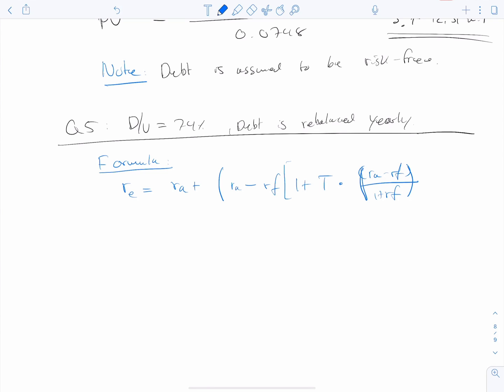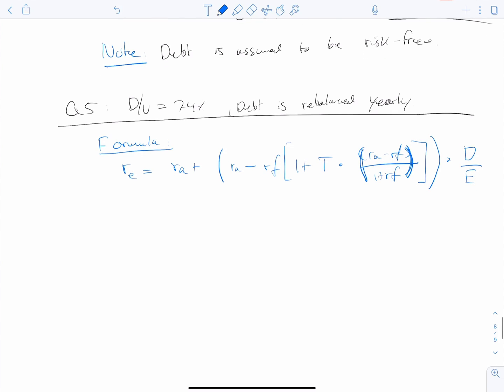And let's actually just make this bracket go through like this. Good, I close the first bracket, I close the other bracket, times DOE. So now we can plug in our numbers into this horrible looking formula.